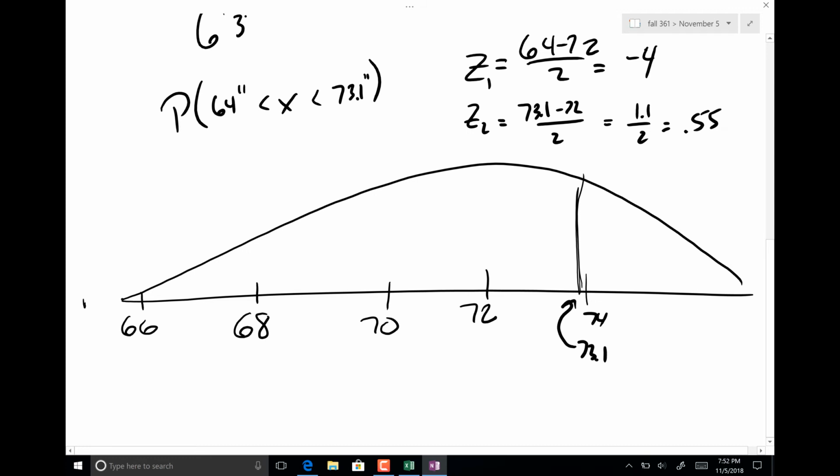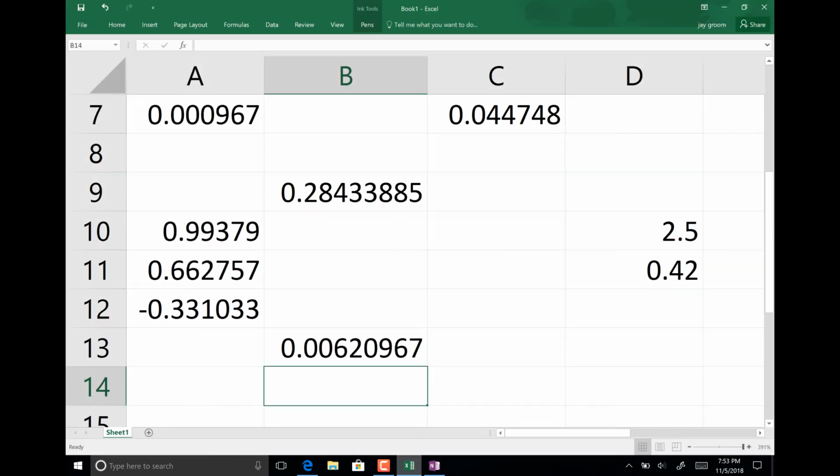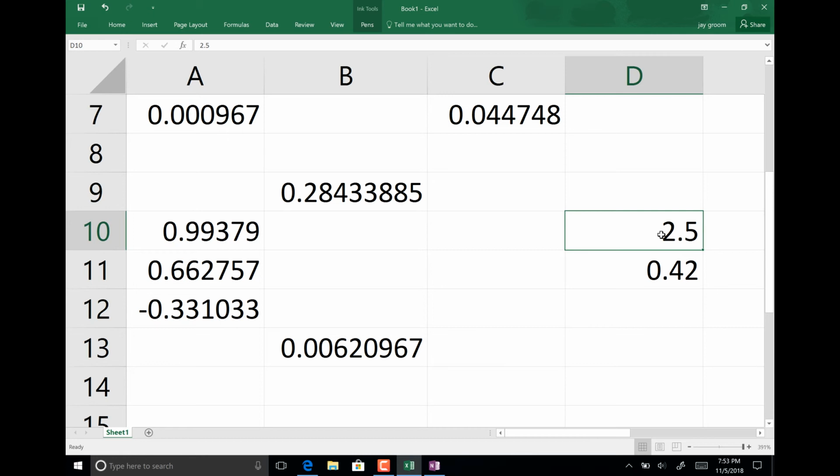All right, good. Now, let's do this on our calculator. If you go into your calculator, and I'm just going to use this the way I have it set up here, I'm going to type in negative 4 right here. Oh, this thing doesn't snap in like it used to. There you go. Negative 4.